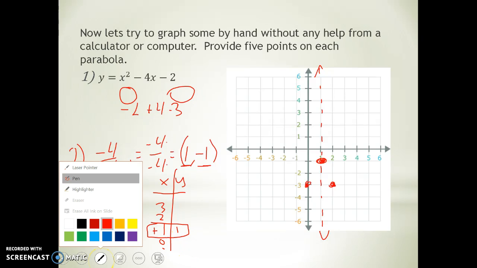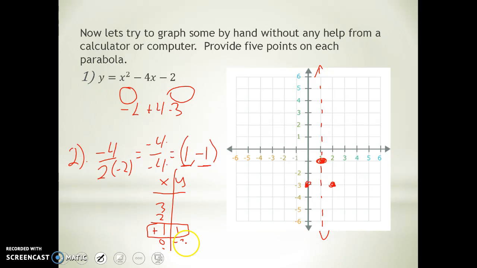And if I plug in 2, I get negative 3. So those are 3 points. Then I'd have to plug in either a 3 or a negative 1 here. And if I plug in a 3 or a negative 1, I'm going to get a negative 9 in both cases. So that's off my graph, but you can see that those would be down here, and my parabola would look something like this.